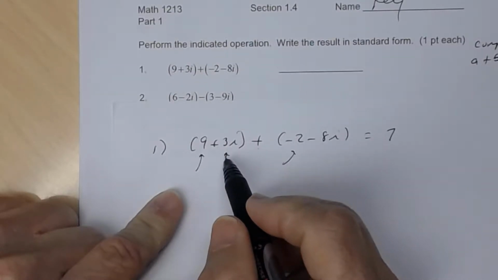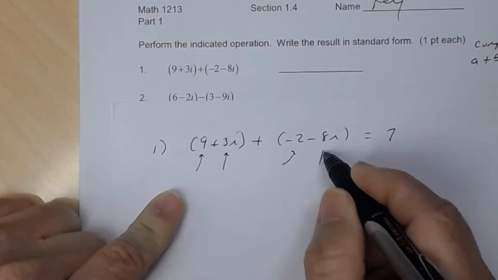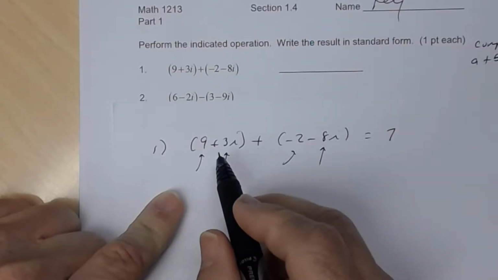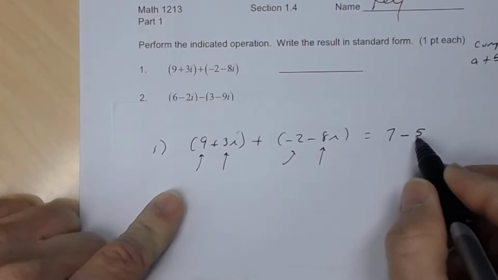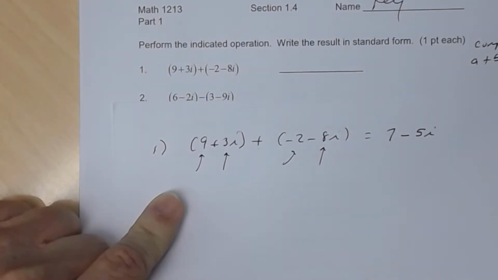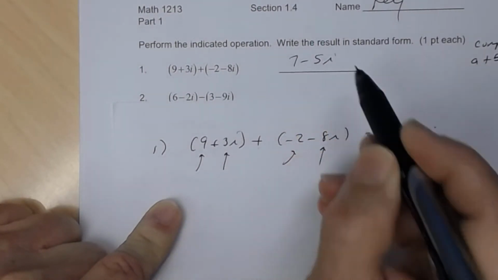The imaginary part of this term is a positive 3, and the imaginary part of this term is a negative 8. So 3i plus a negative 8i is a negative 5i. So the answer is 7 minus 5i, and that's standard form. All right, so the first one is 7 minus 5i.